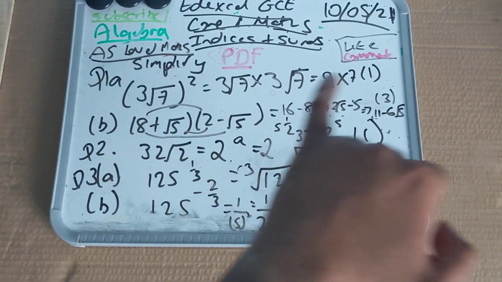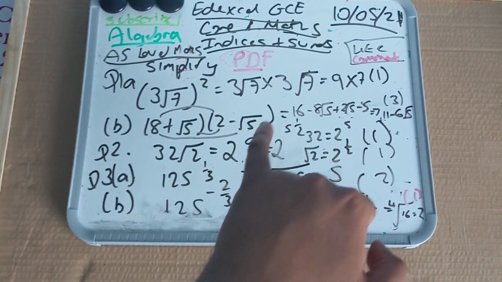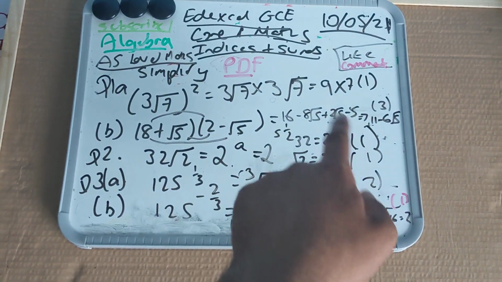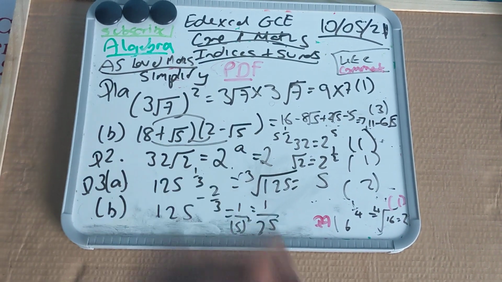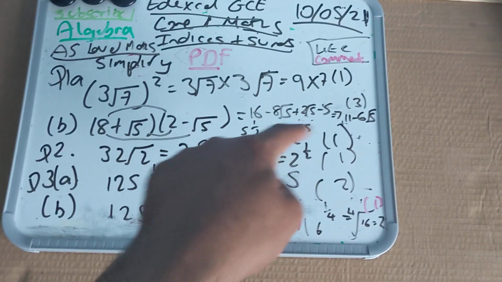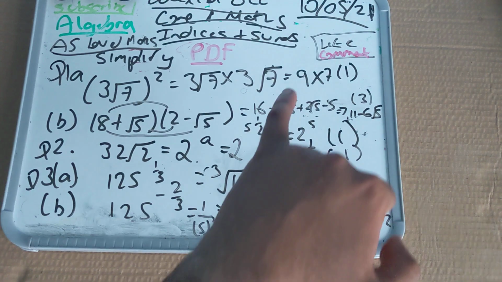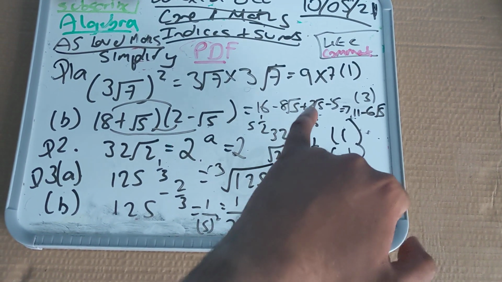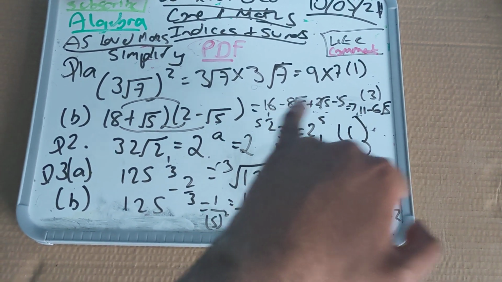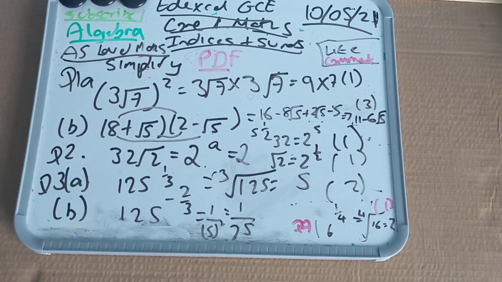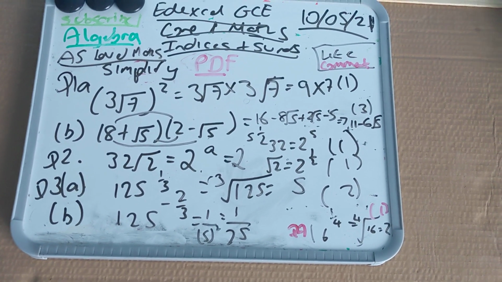A positive times a negative is a negative, so it is minus 5 there. Simplifying: 16 minus 5 is 11, and 8 root 5 plus 2 root 5 gives minus 6 root 5 in total. So my answer is 11 minus 6 root 5.